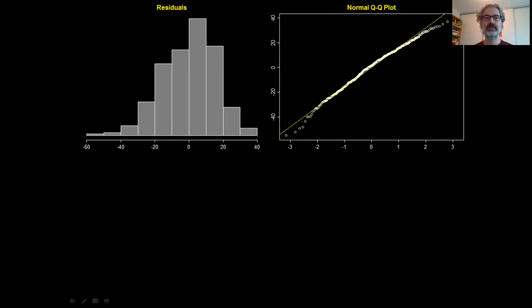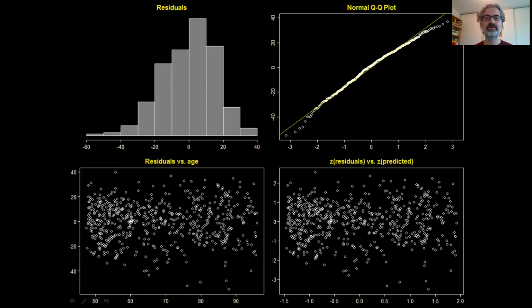For this particular analysis, we see that the residuals are somewhat skewed, but this doesn't look too bad, so we can probably accept this analysis. And then we have to look at homoscedasticity, which can be seen as the variance of the residuals across the independent variable.